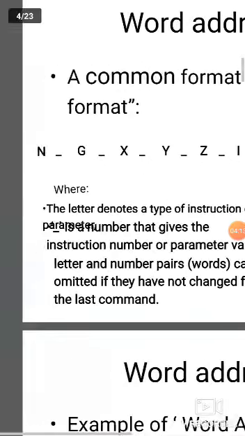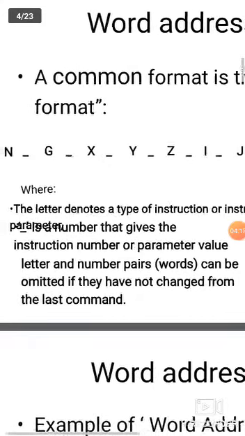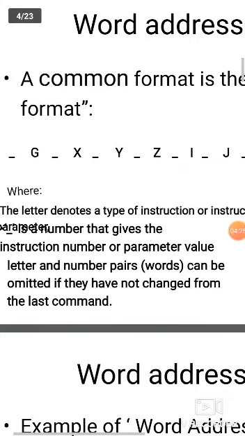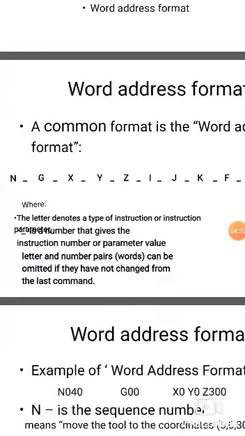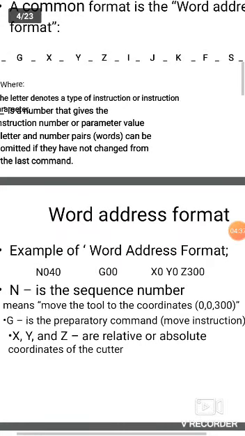The letter denotes the type of instruction, followed by numbers giving the parameter values. Words can be omitted if they have not changed from the last command. If you don't change the previous command, it repeats the same command.